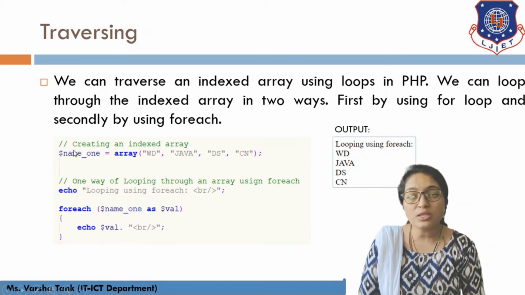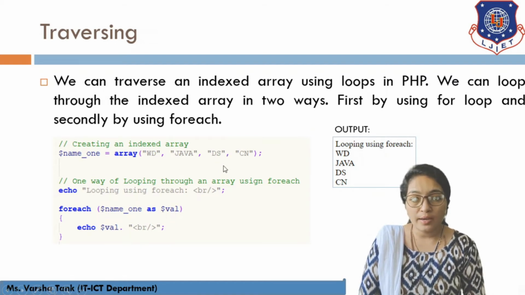So that is your variable name as $val. Here you are creating another variable that is going to traverse this particular array. So here you have to echo $val and br slash. That means it will display it one by one directly.